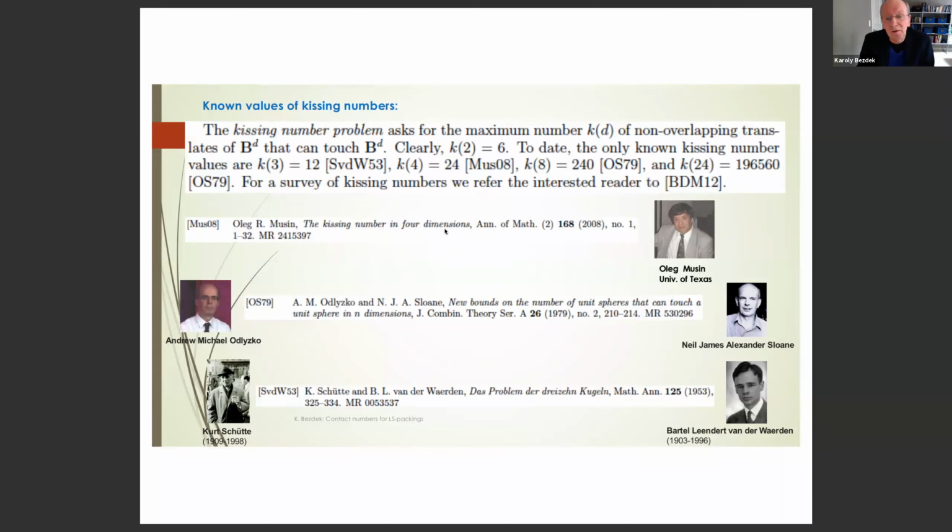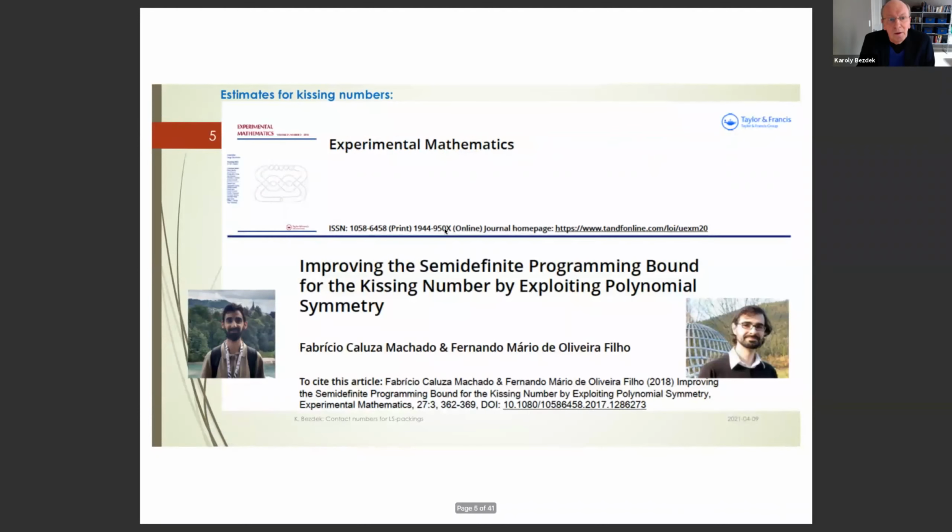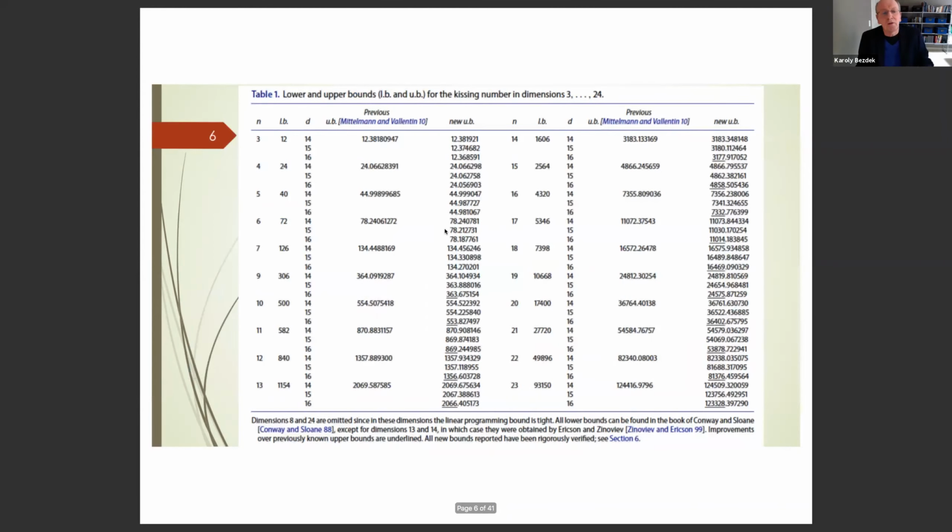Any progress on this is, of course, very interesting, and estimates are known for other dimensional cases. Here's a recent article on improving kissing number estimates using semidefinite programming. And I extracted a chart from this article just to illustrate that indeed a lot of effort has been made to gain further understanding of kissing numbers in small dimensions, in this case up to dimension 23.